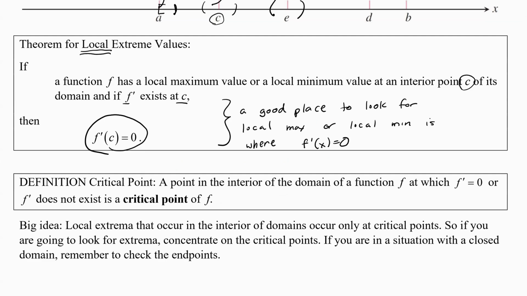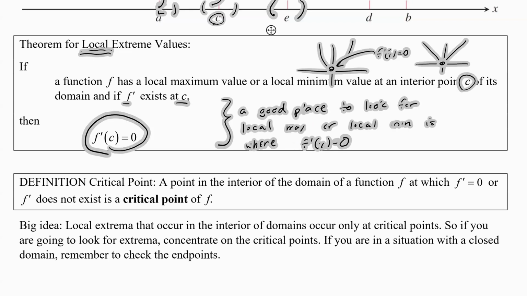All right? Now, you say, that's great. I can imagine a function like our y equals x squared function. There's that local minimum, and indeed, at that local minimum, f prime is equal to 0. But you can also imagine functions like the absolute value function, where there's a local minimum, but the derivative doesn't exist.